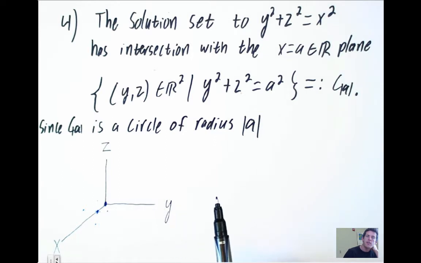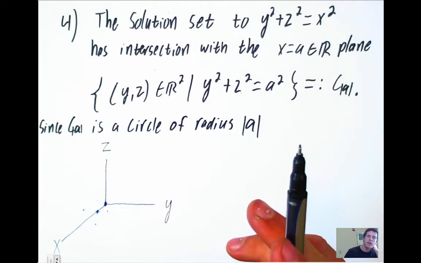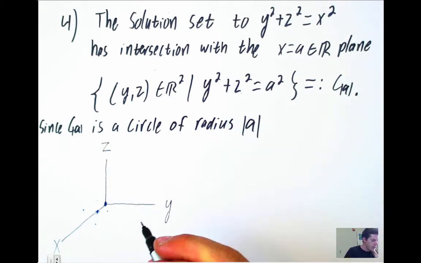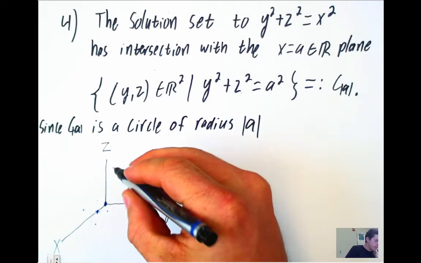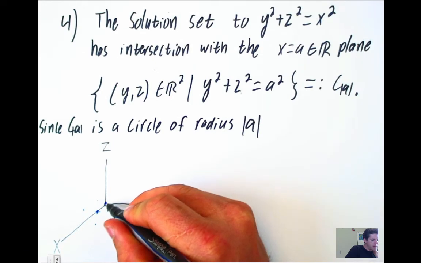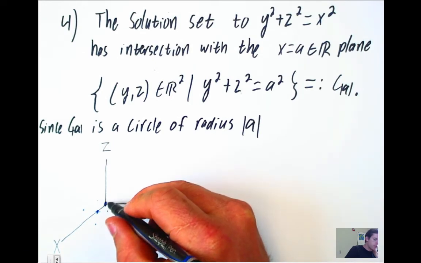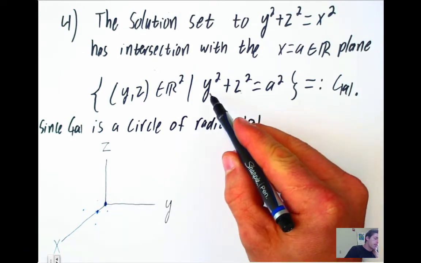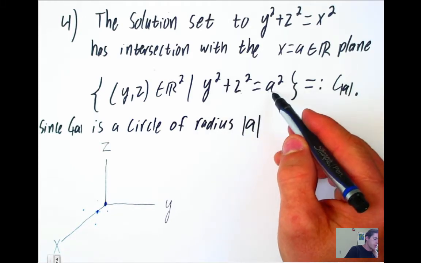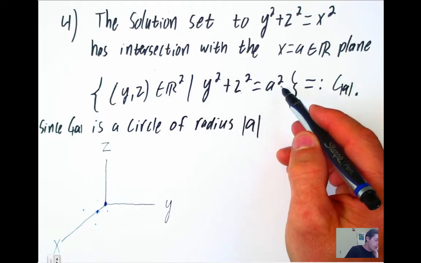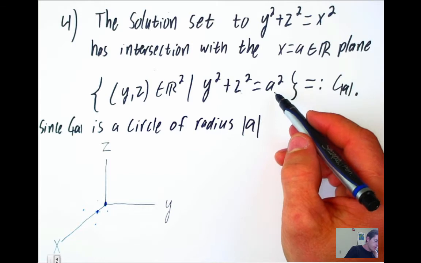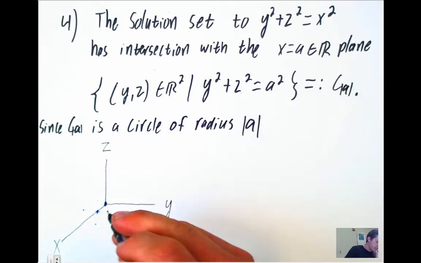I started drawing. I am looking at various x is equal to a planes first. X is equal to 0, that's the zy plane. So in that plane, just the point 0, 0 works, right? 0 squared plus 0 squared is equal to 0 squared. So when a is 0, I get a circle of radius 0, and that's a single point.